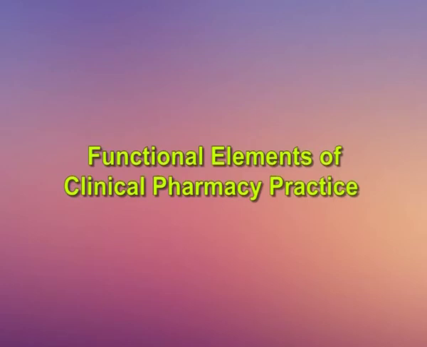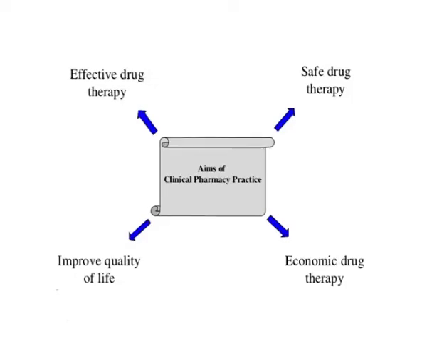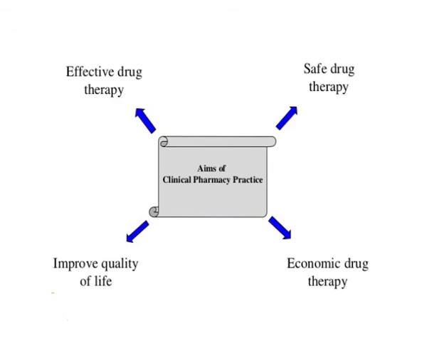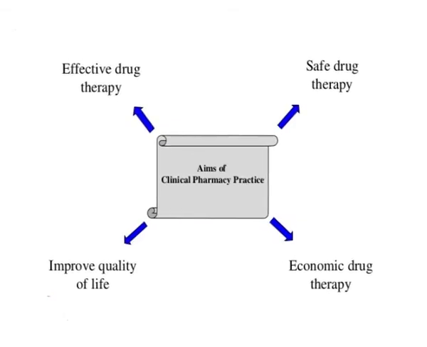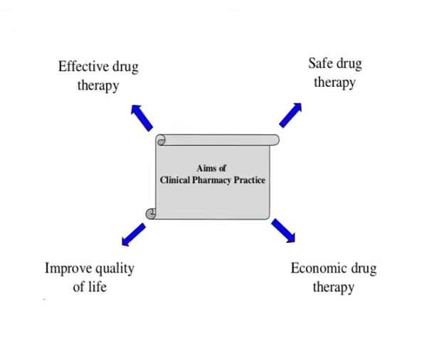Functional elements of clinical pharmacy practice. Clinical pharmacy practice (CPP) is a practice in which the pharmacist utilizes his/her professional judgment in the application of pharmaceutical sciences to foster the safe and appropriate use of drugs in or by patients while working with members of the healthcare team.